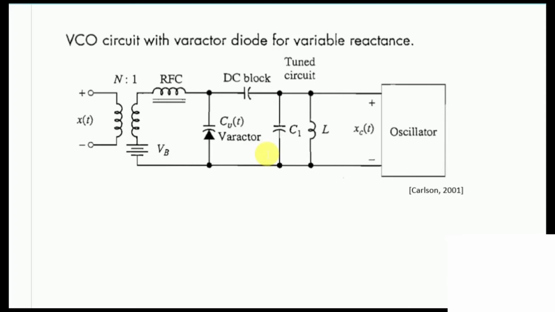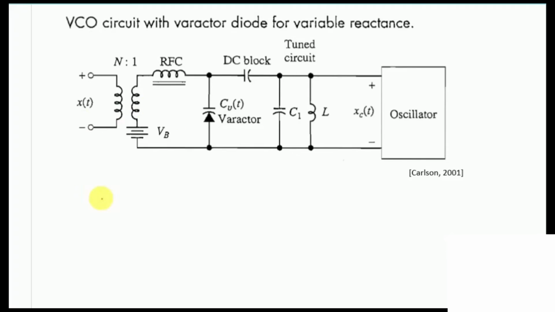The reason is that the varactor diode is the only component whose capacitance varies with respect to the incoming message signal, which we have represented as x(t), right? To understand the working of this circuit, let us look into the oscillation frequency, or simply the instantaneous frequency.